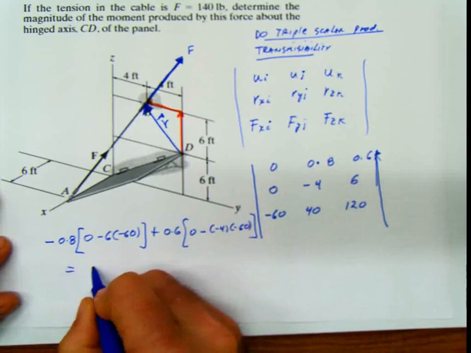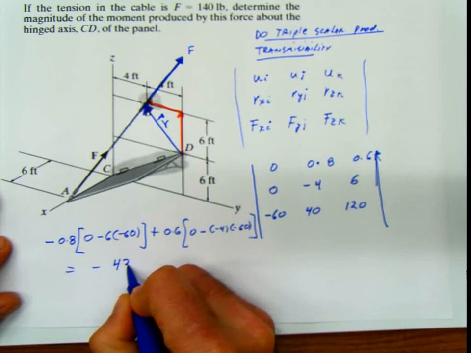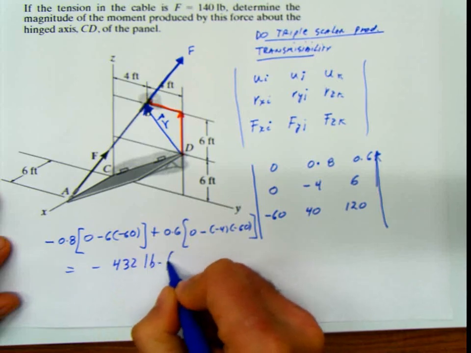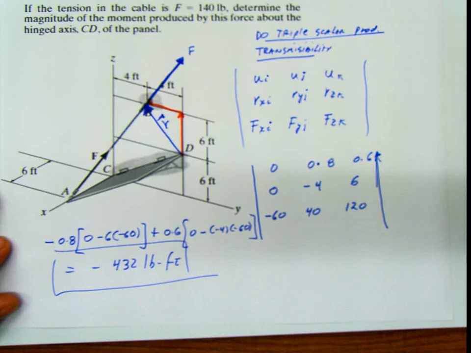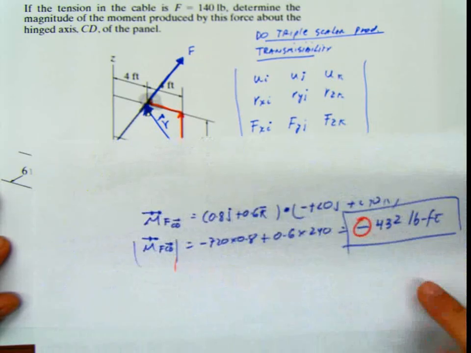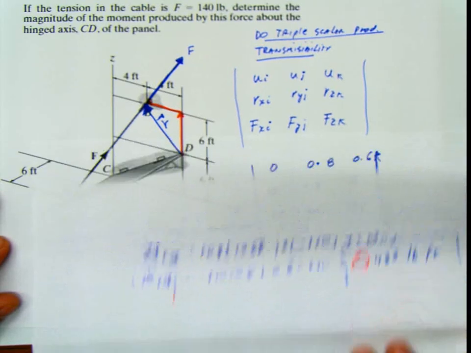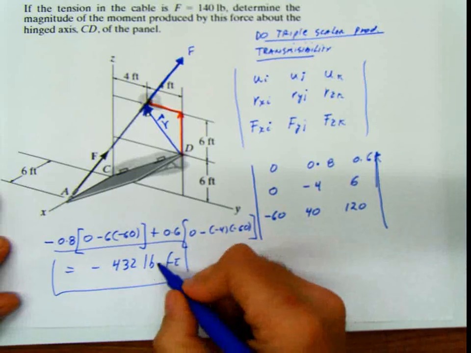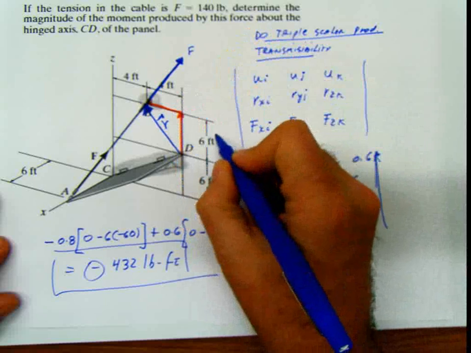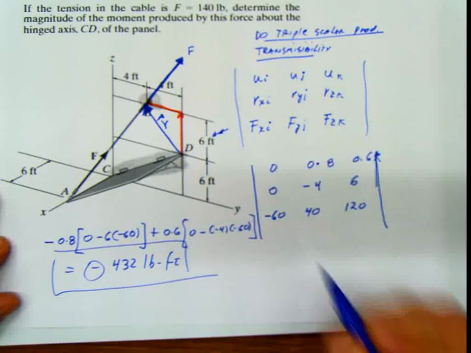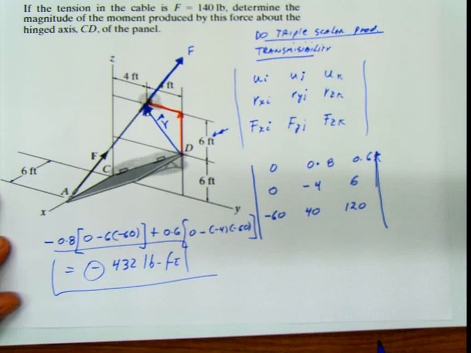This result is equal to negative 432 pounds-feet, which is exactly the same value that we calculated in our previous part. Once again, the negative sign indicates the moment with respect to the axis is rotating inwards towards the axis, not going out of the axis.